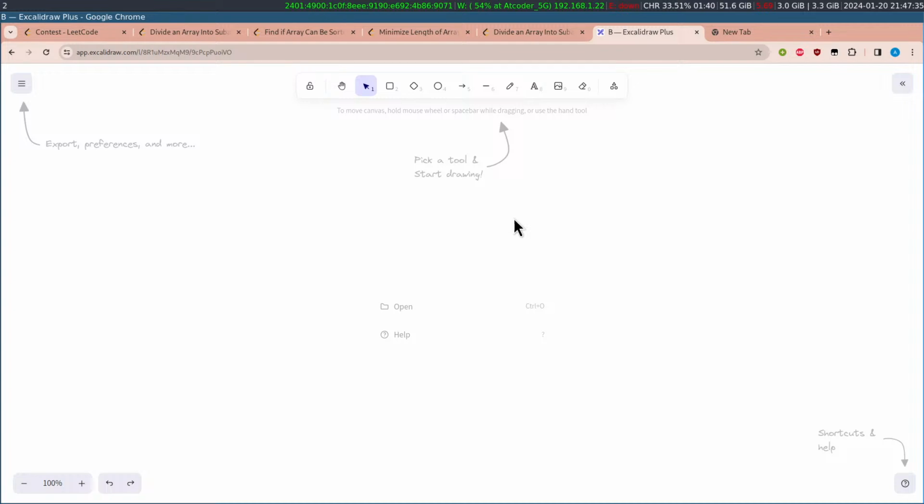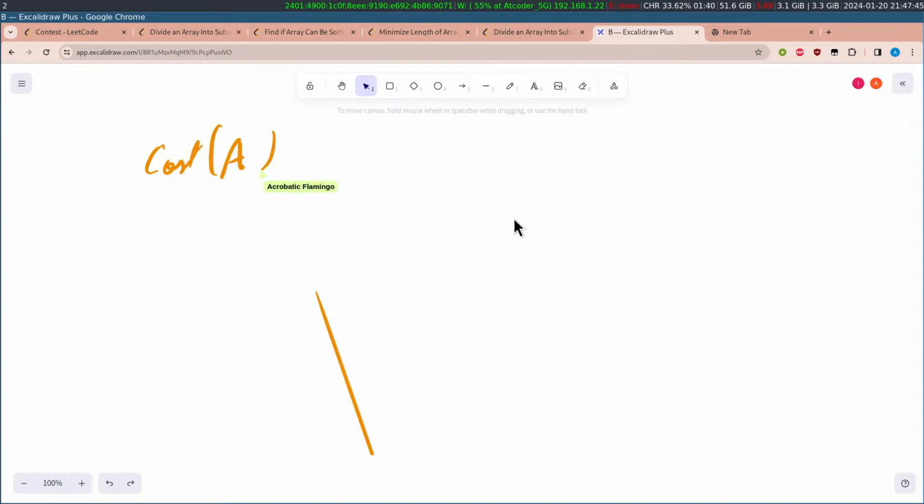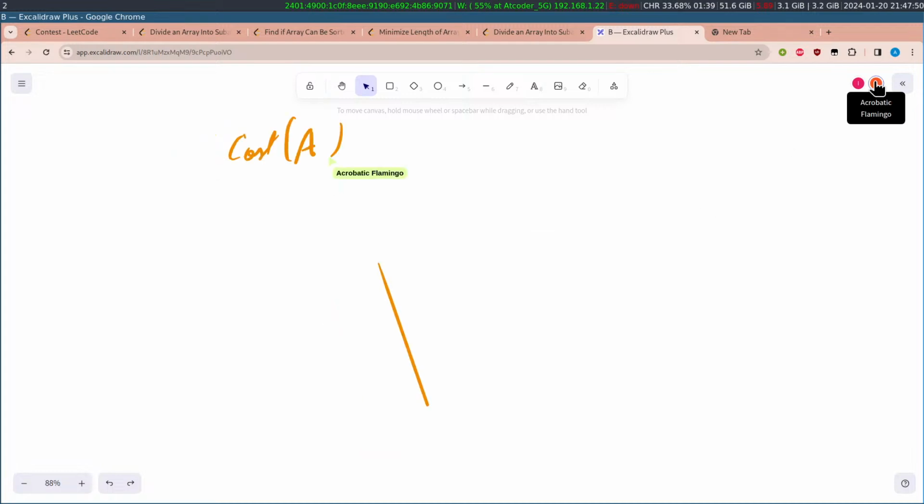To summarize the problem, they have defined a cost function for an array as the value of its first element.